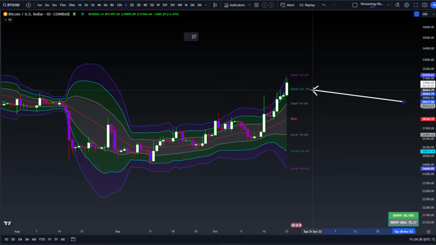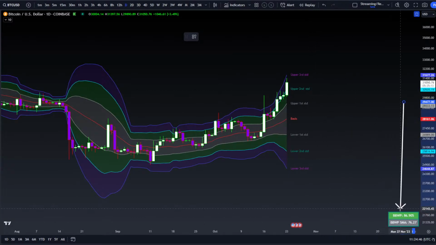At minimum, if we see a closure above, we're looking for wicks around the current close open structure and or high and higher. And in this case, the upper second standard deviation on the daily is at 30,500.